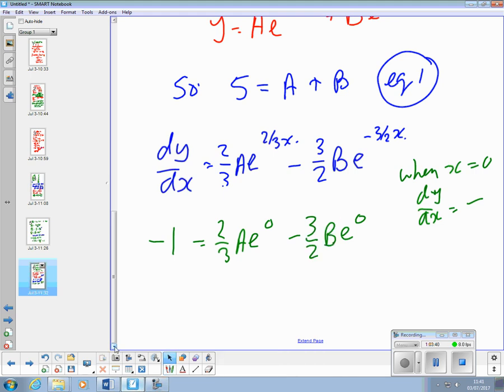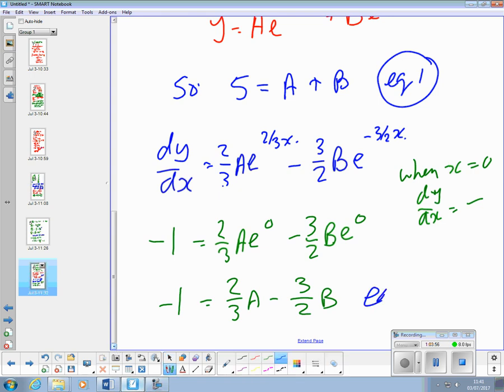All right, and e to the 0 is equal to 1, yeah? So therefore we can write minus 1 is equal to 2/3 a minus 3 over 2 b. That is equation 2.